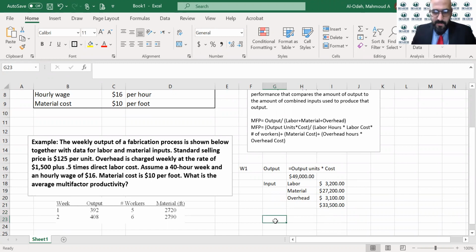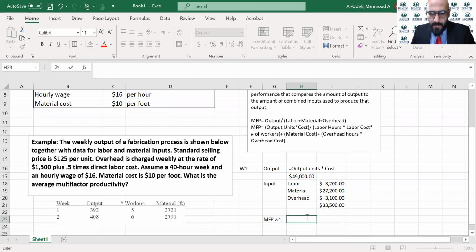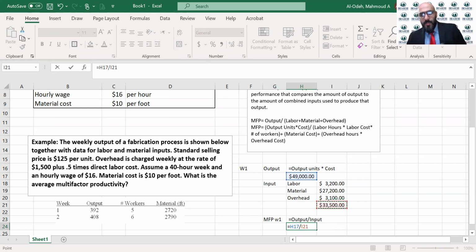So the multi-factor productivity for week 1 would be the output divided by the input. The output is 49,000 divided by 33,500.